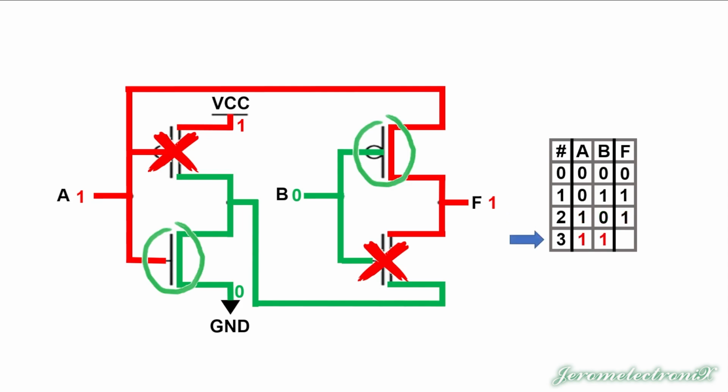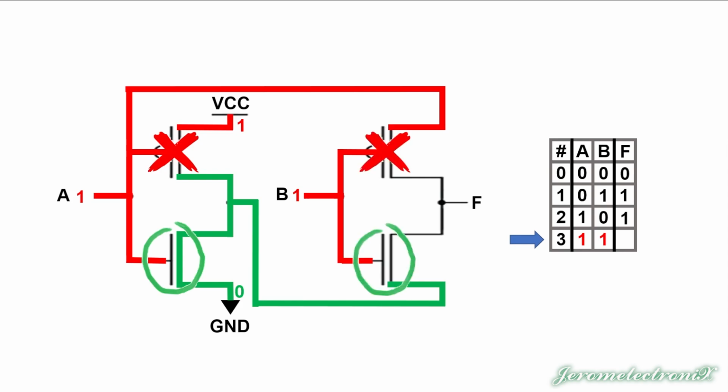Let's talk about the final row. On the final row, we have A, which is already a 1, and B, that's the only thing we've erased. It's a 1. It flows high voltage to the PMOS, which is going to be blocked, and high voltage to the NMOS, which is going to allow flow through it.